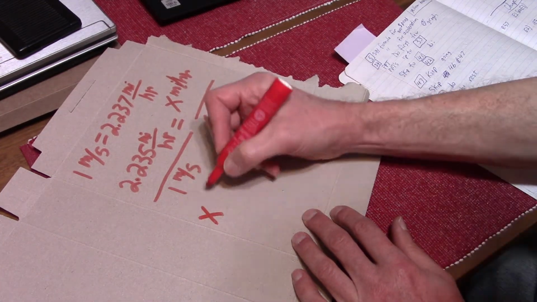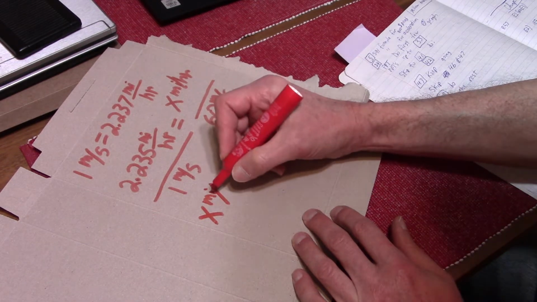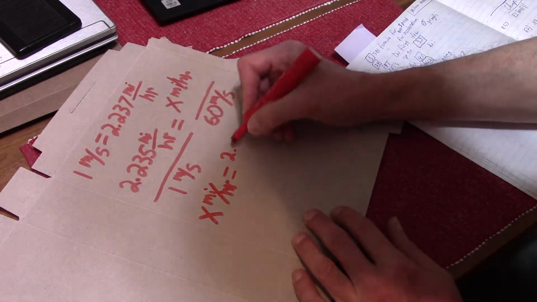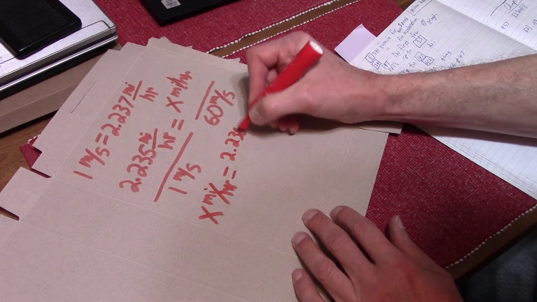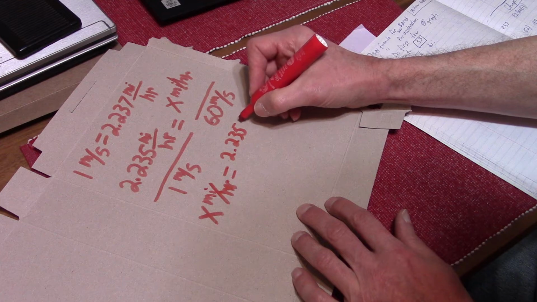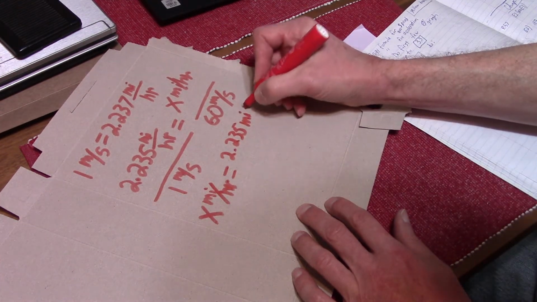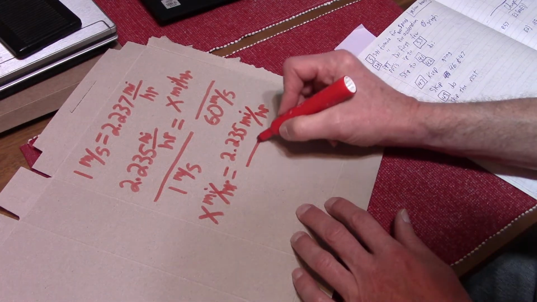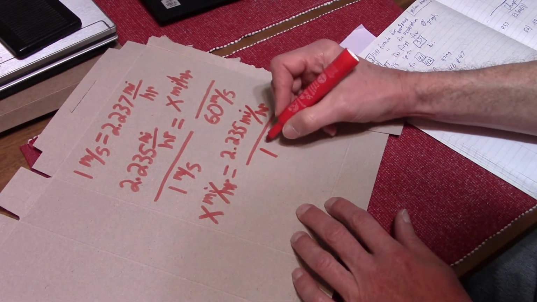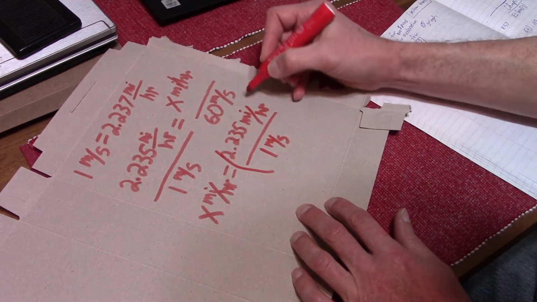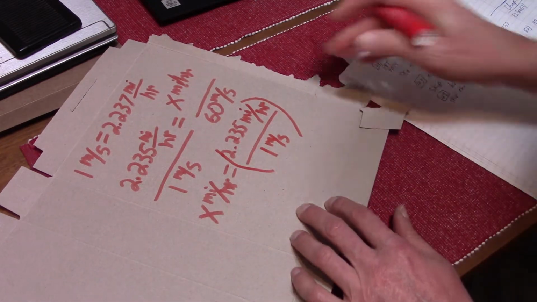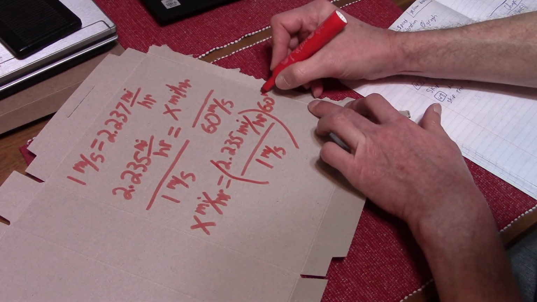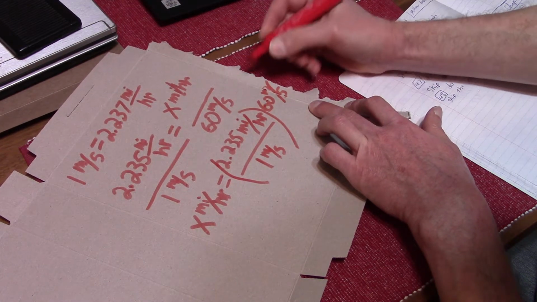So x in miles per hour is equal to 2.237 miles per hour over 1 meter per second, times 60 meters per second.